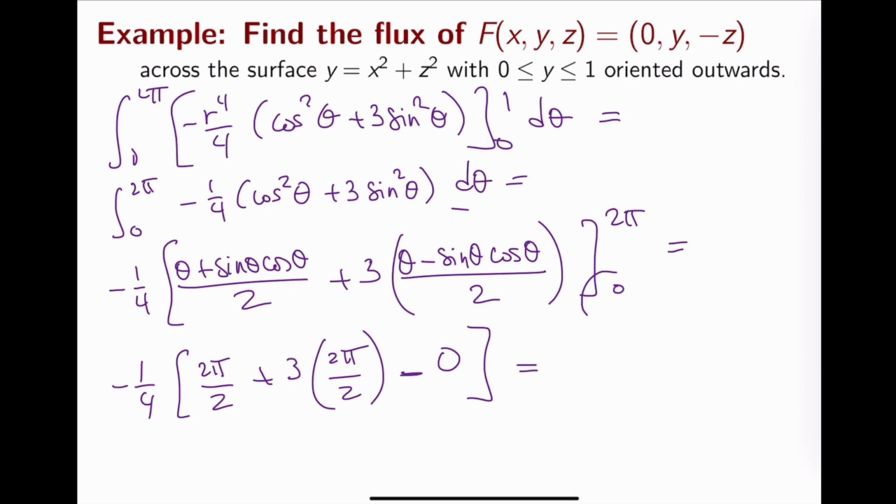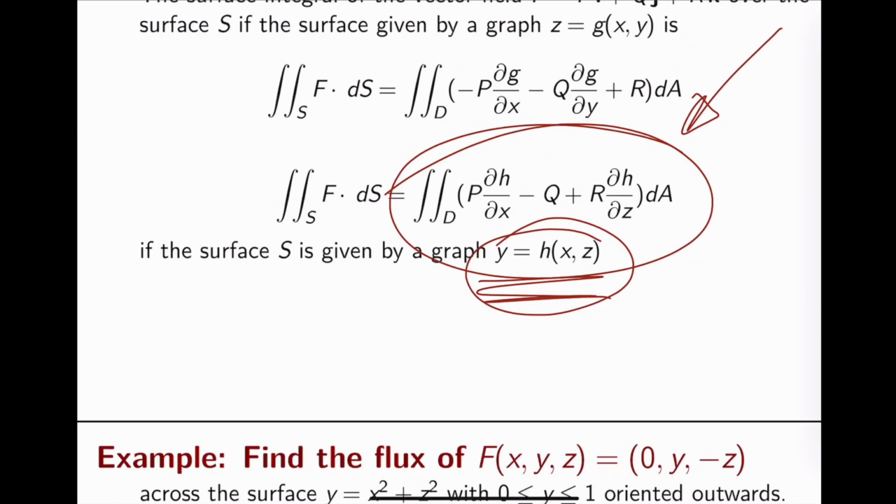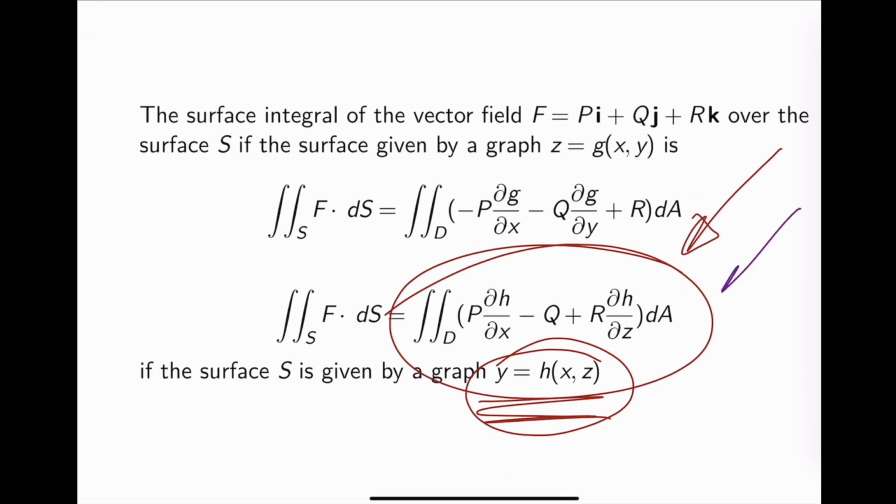Okay, so let's do these operations. This cancels, so we have here minus 1/4, and we have here pi plus 3 pi, so just 4 pi, so the final answer is then minus pi. That was, of course, the same result that we obtained calculating this flux by parameterizing this surface instead of applying the new formula that we are seeing now.